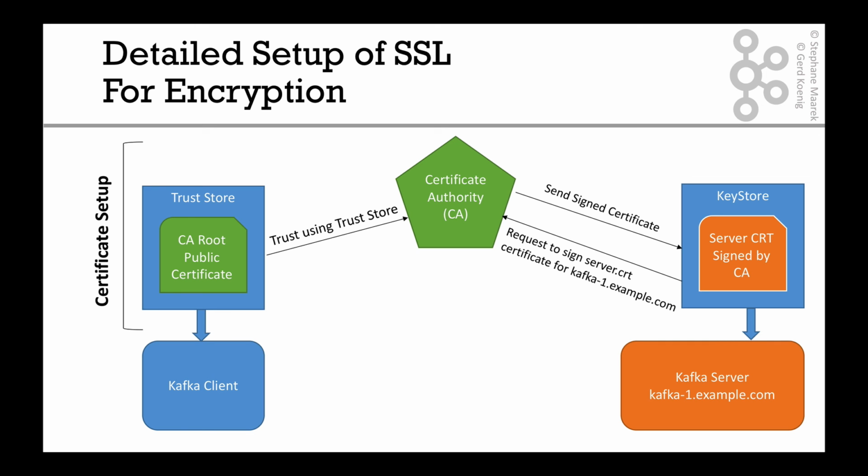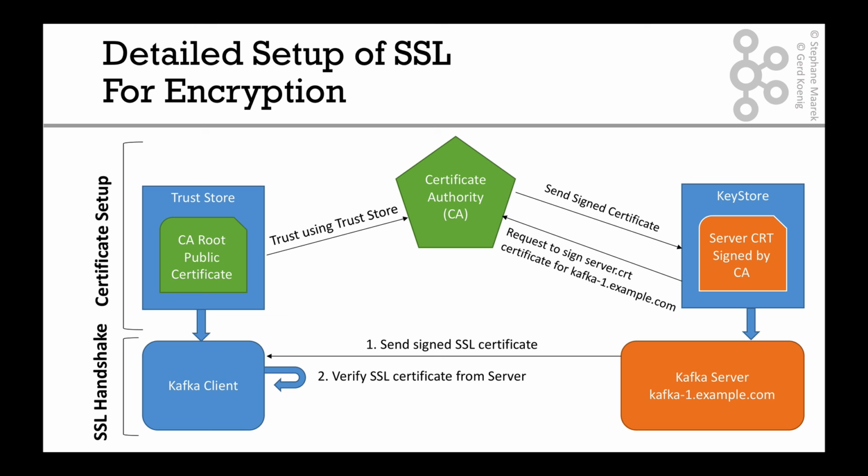Okay, we have done all the setup on certificates, and we'll see this in the hands-on. Now our Kafka client needs to connect to the Kafka server. So what happens? They will perform something called an SSL handshake. Upon connection, the Kafka client will request the signed SSL certificate from the Kafka server. So the Kafka server will send a signed SSL certificate and say, here is my identity.